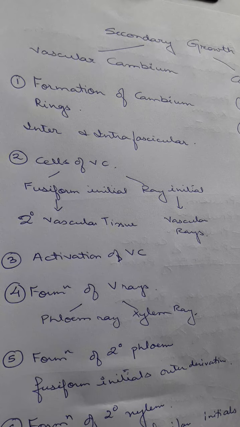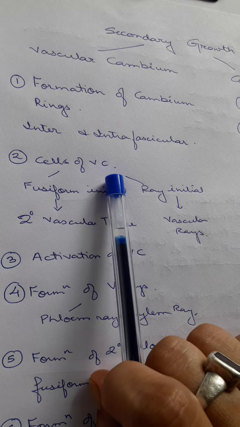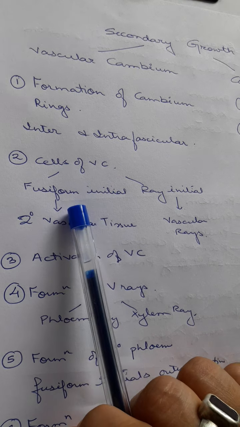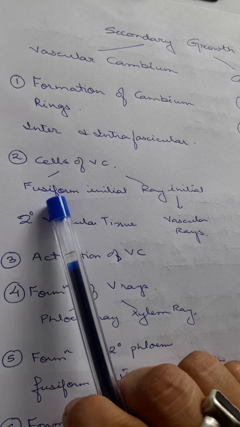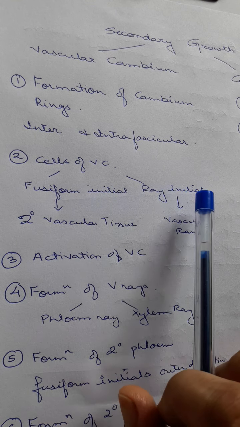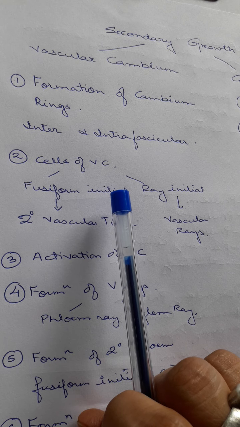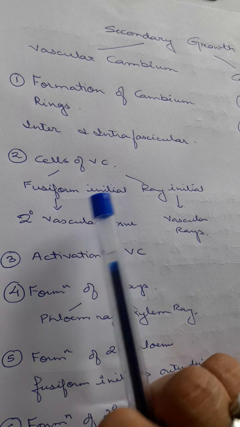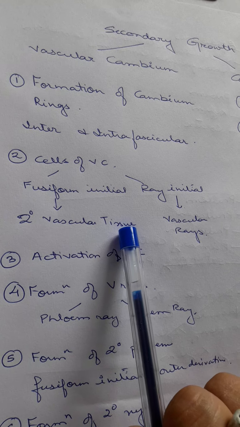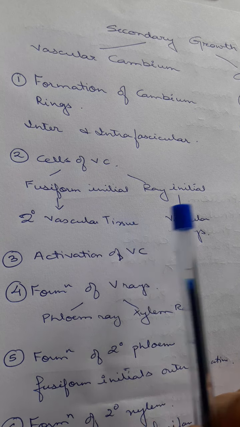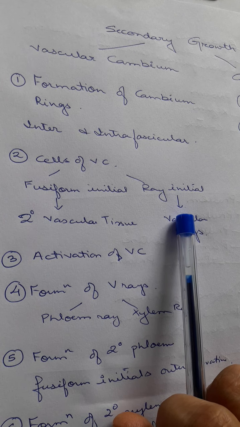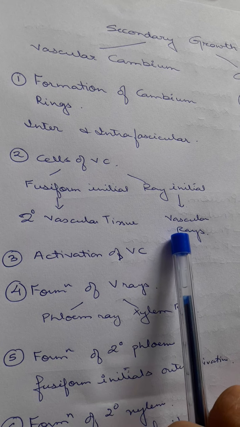Okay, now regarding the cells of the vascular cambium, normally we find two types of cells. One is the fusiform initials and other is the ray initials. The fusiform initials are normally elongated cells and they divide to form the secondary vascular tissue. Got it? And the ray initials are smaller cells and they produce the vascular rays.